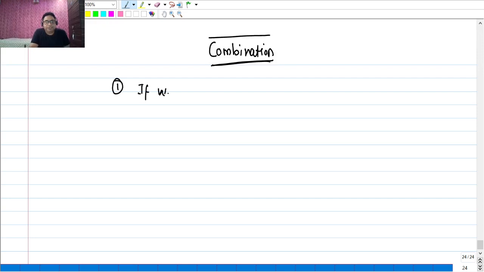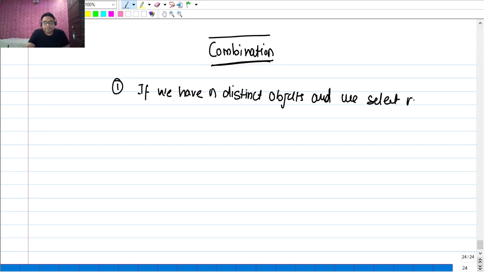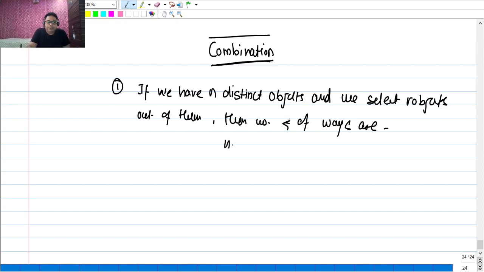if we have n distinct objects and we select R objects out of them, then number of ways are NCR, which is equal to n factorial upon R factorial n minus R factorial, right?